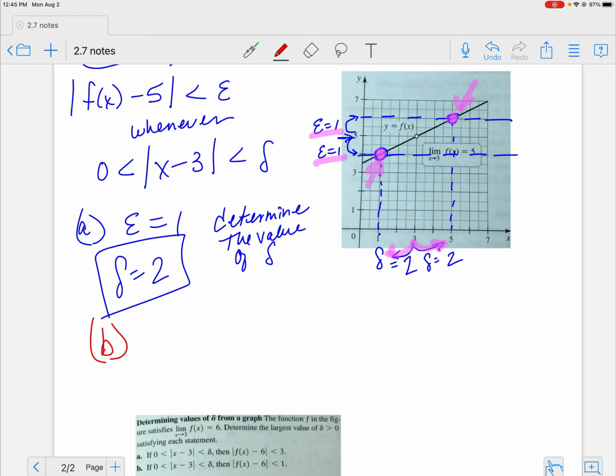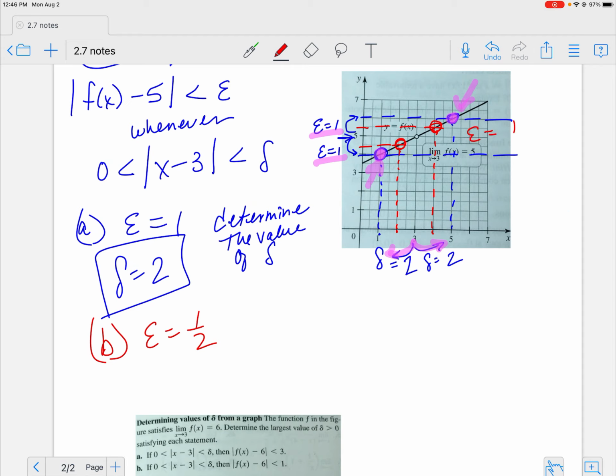What if I want to know what's happening when epsilon is equal to 1/2? All right, so this same graph up here, but from 5, epsilon is now equal to 1/2. So I have this value and this value, and then that's where I'm bringing it down. Do you see that?